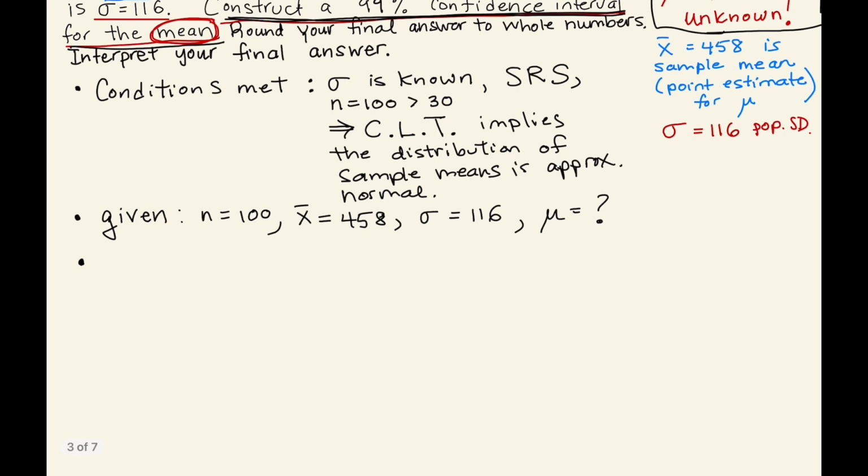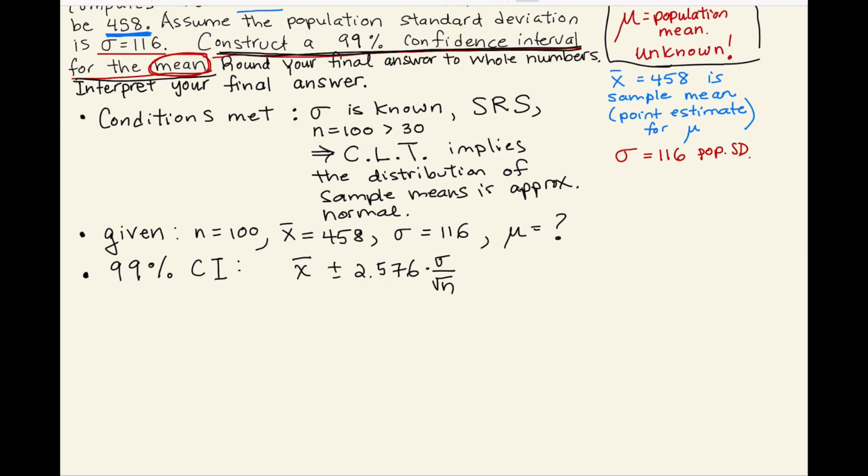So in this case, we can use the 99% confidence interval formula. I'm going to go ahead and fill in my numbers into the formula. The sample mean 458 plus or minus 2.576 times the population standard deviation divided by the square root of 100.